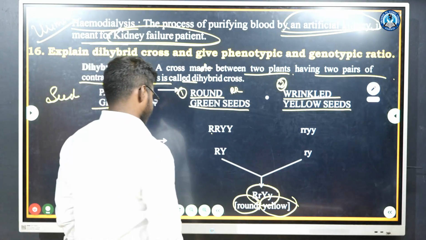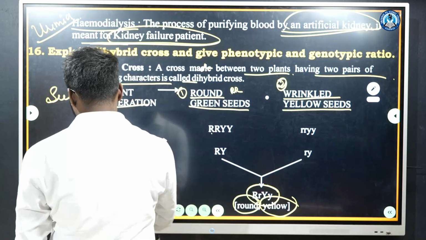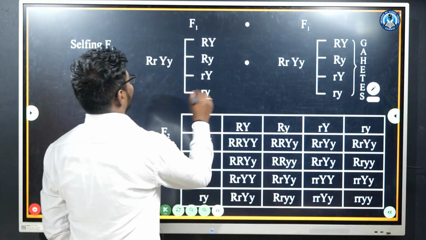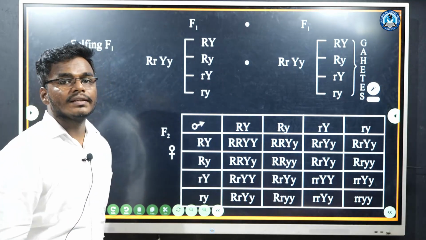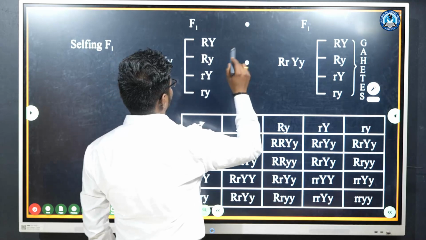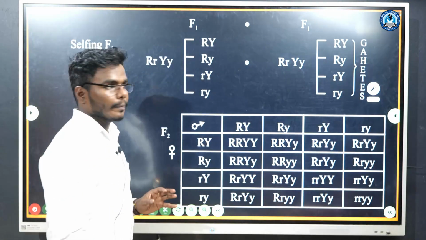So next, these are the gametes that have been produced from the F1. Now F1 has been crossed. These are the gametes for F1, that is, F1 has been selfed.